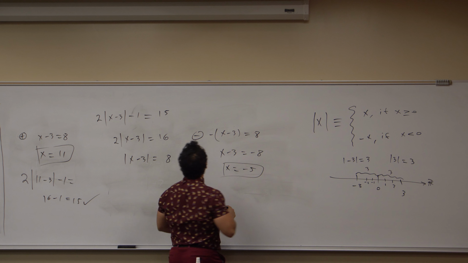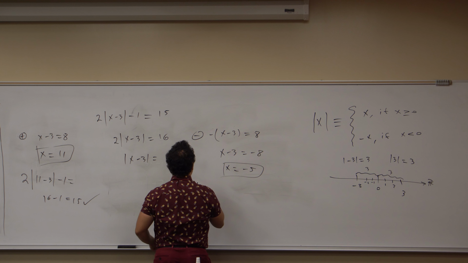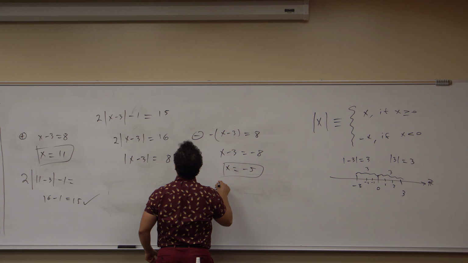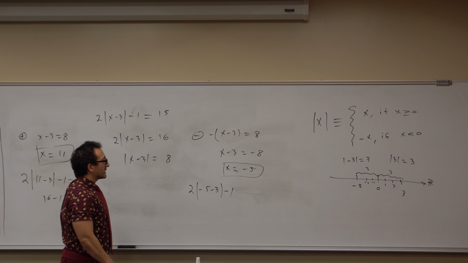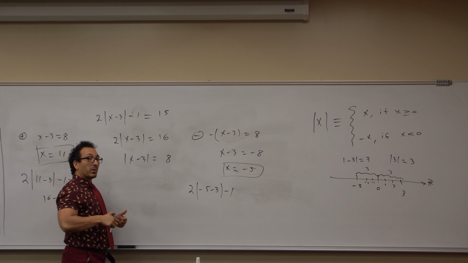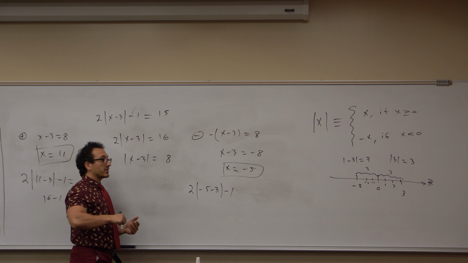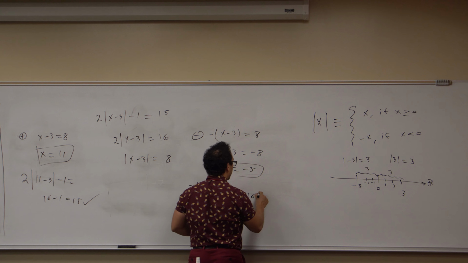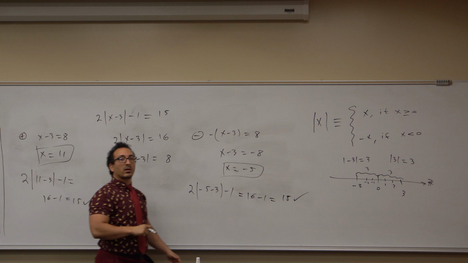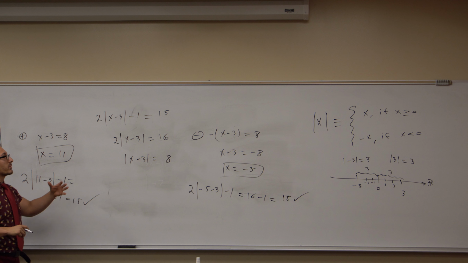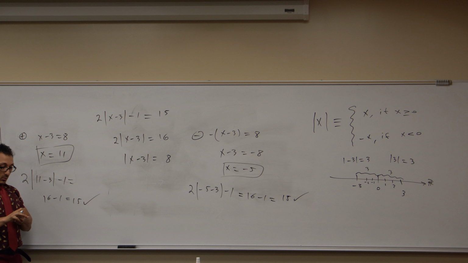Now what about this negative 5 here? 2 times the absolute value of negative 5 minus the 3, minus the 1. Negative 5 minus 3 is negative 8. Absolute value, that becomes positive 8, times 2 becomes positive 16. This is 16 minus a 1. That is equal to 15. Check. These work.